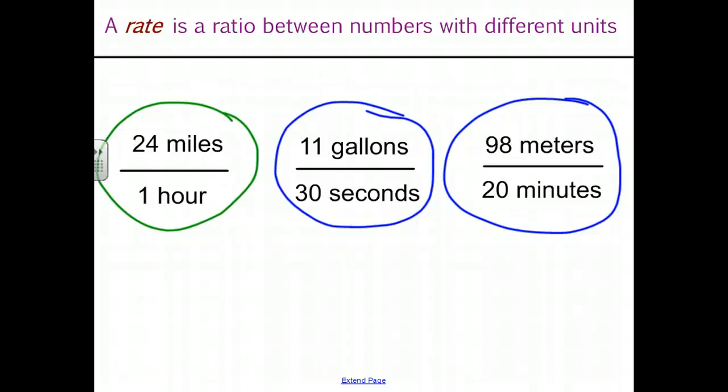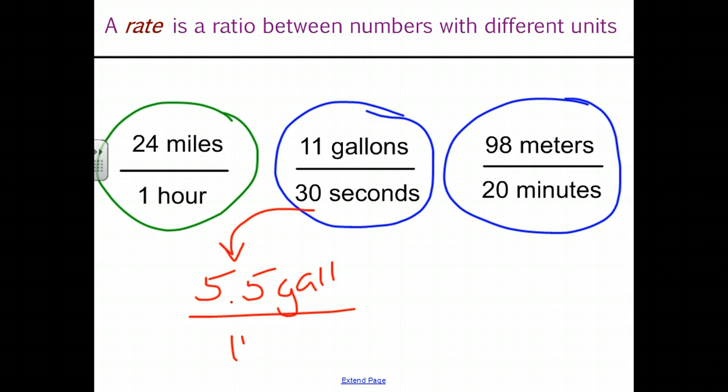In this example, all of these are compared to time. And just like ratios, rates can be changed through equivalent rates. We can divide perhaps 11 gallons in 30 seconds by 2 to make 5.5 gallons in 15 seconds.